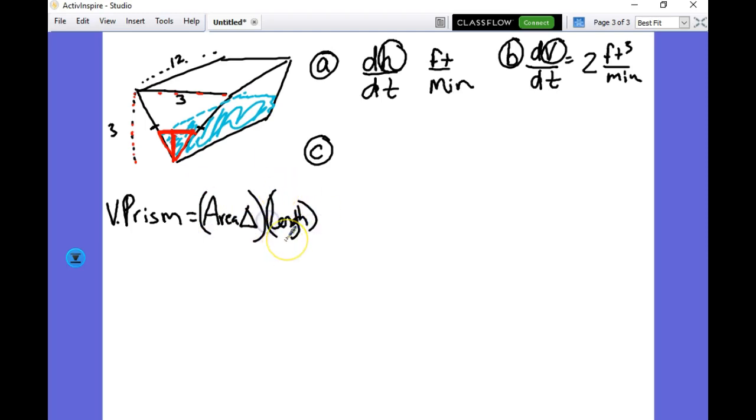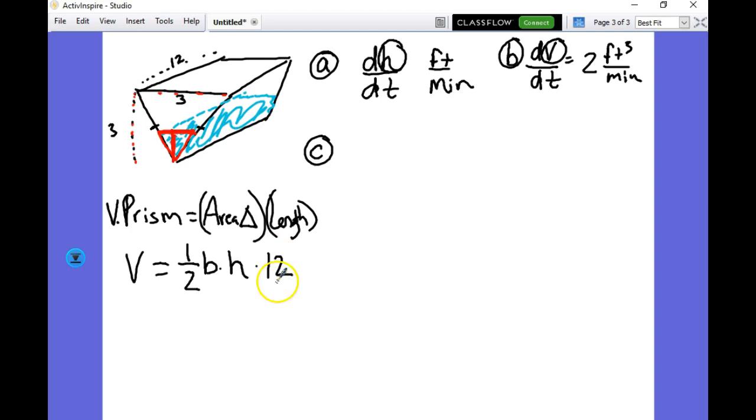All right. So I'll just put V now. The area of the triangle, as you guys know, is 1/2 base times height. The length of this figure is 12.